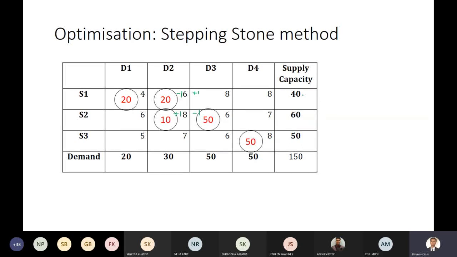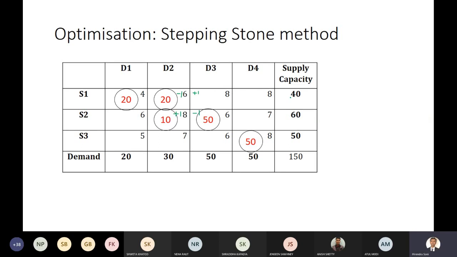So this is still maintained at 40 and all the other constraints have also remained unchanged. Correct? This is what is called as forming a loop. Loop formation. So whenever you will have extra allocations, you will observe that there are loop formations.